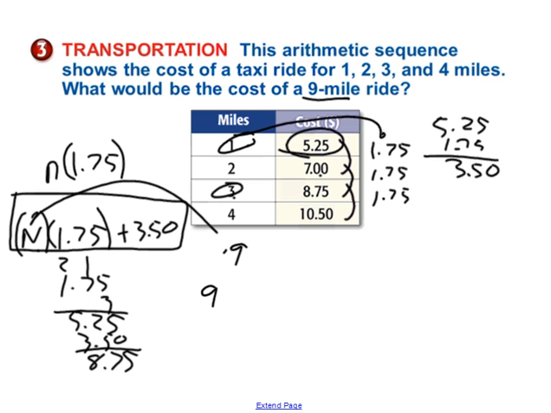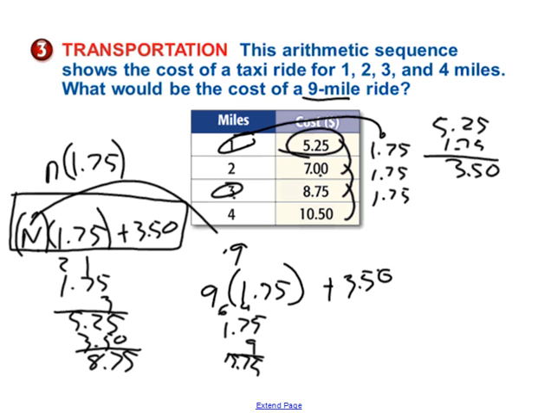I'm going to say 9 times 1.75 plus 3.50. So 9 times 1.75 is 15.75, plus the 3.50 would be 19.25.